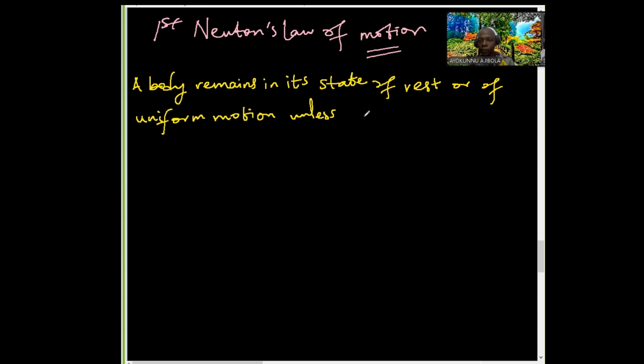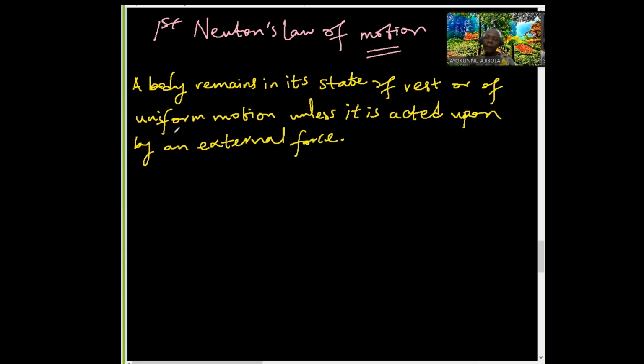So if it's at rest, it will continually be at rest forever unless a force acts on it. And if it's in linear motion or uniform motion, it will continue in that motion unless something stops the motion. Maybe it runs out of fuel or hits an object.